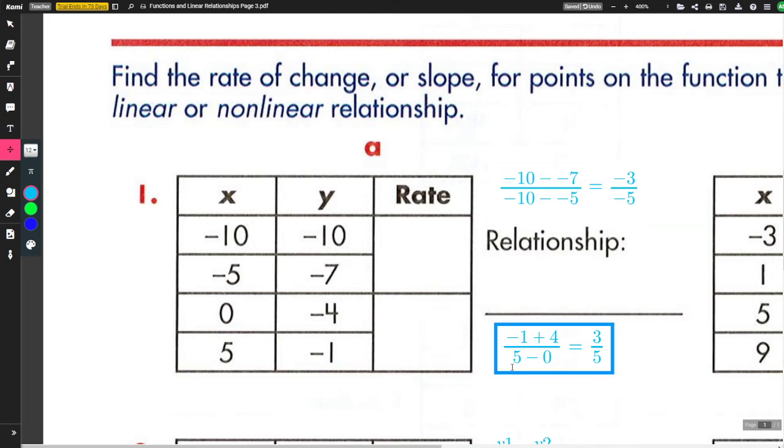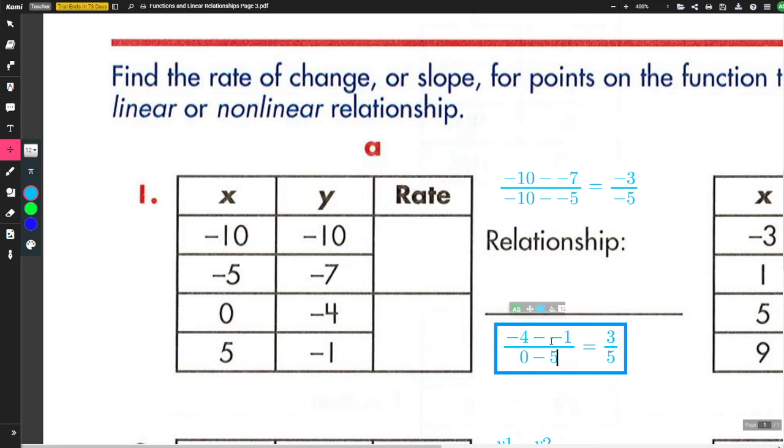If we were to switch these guys, put 0 over here, -4 over here, 1 over there, 5 over there, we would get the exact same answer, and I'll show you. So let's make this -4 minus -1 and 0 minus 5. So I'm just switching them to show you they're going to be exactly the same.